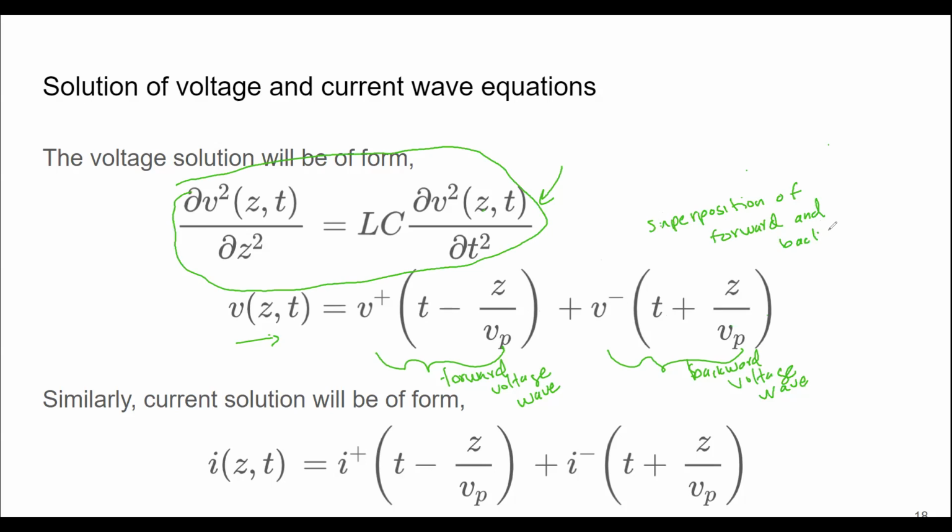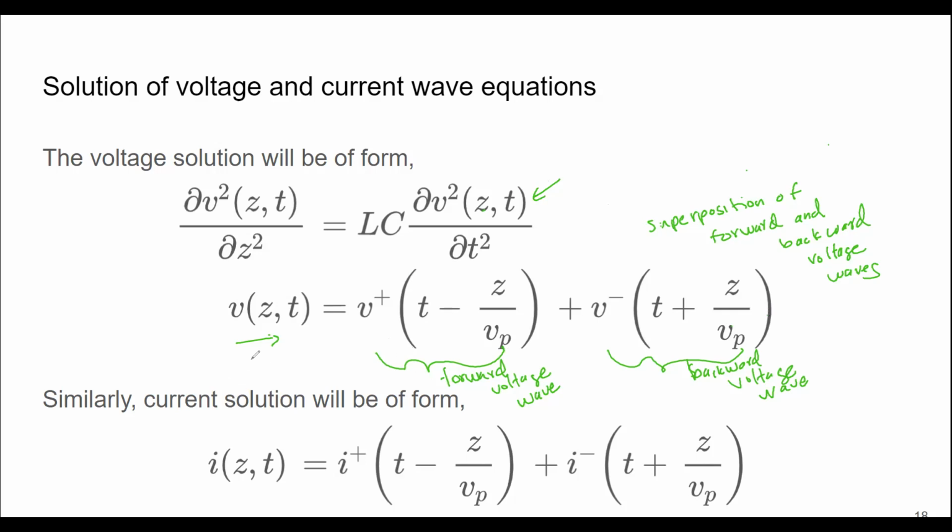So the general solution for this type of equation is mathematically the superposition of a forward going voltage and a backward going voltage, right?